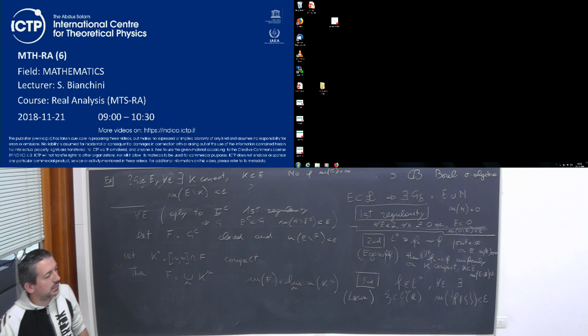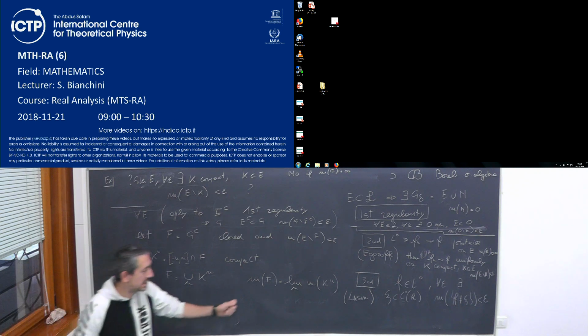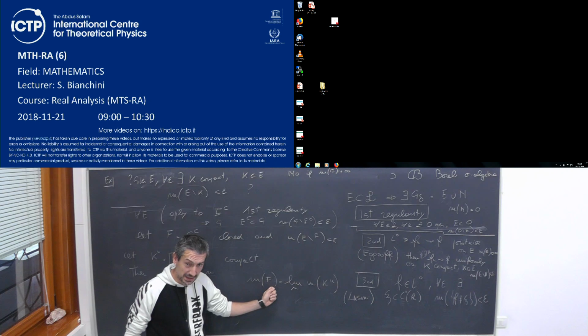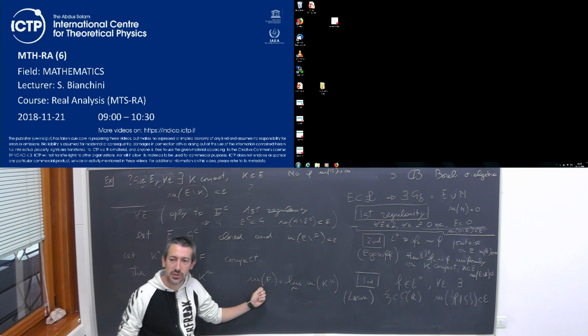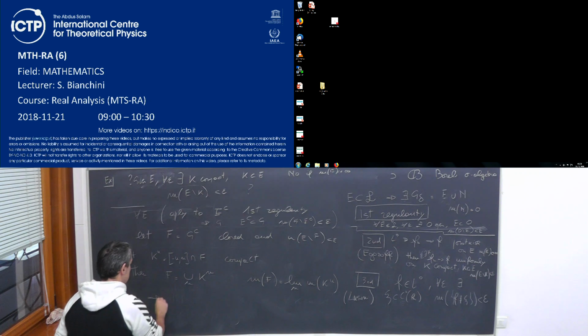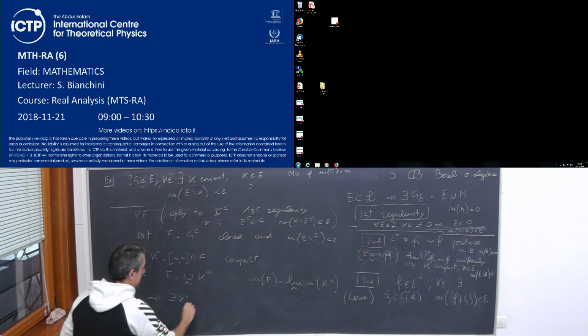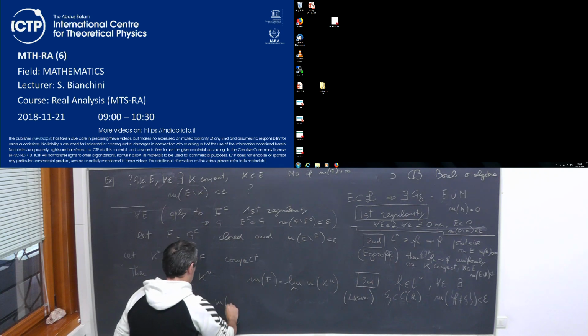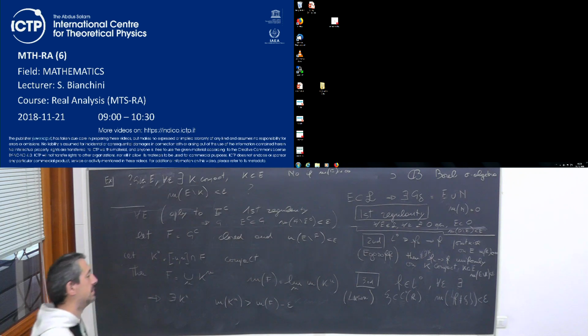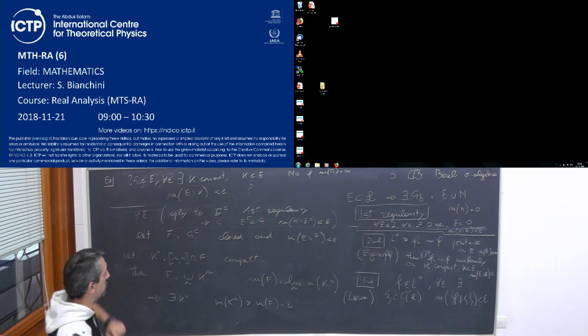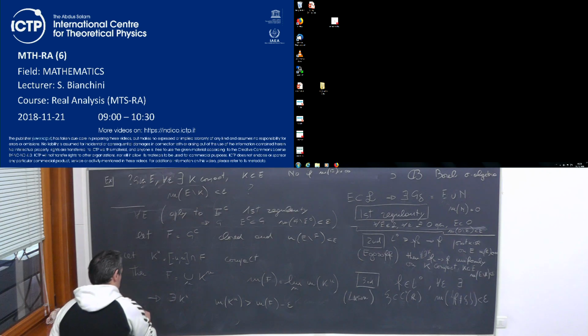And now the trick works because if this is less than plus infinity, the definition of limit means that one of those is larger than this minus epsilon. So there exists Kn such that the measure of Kn is larger than the measure of F minus epsilon. So there exists a compact set. So now let's apply this procedure to this Kn.